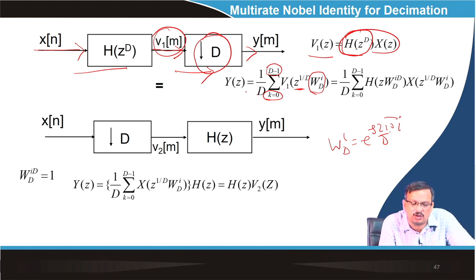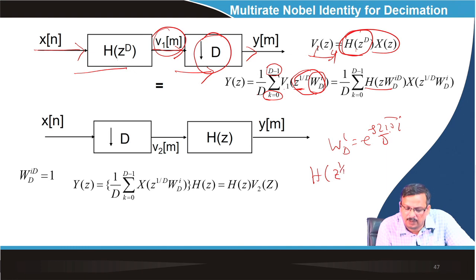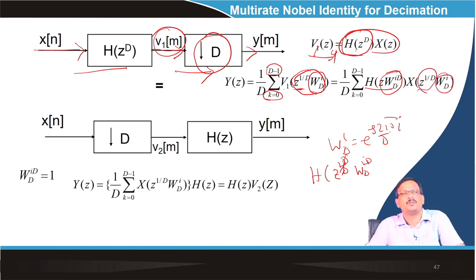Now I put this V1 value in this equation. Instead of z, I can say H of z to the power 1 by d, and z to the power d was there, so the d cancels.